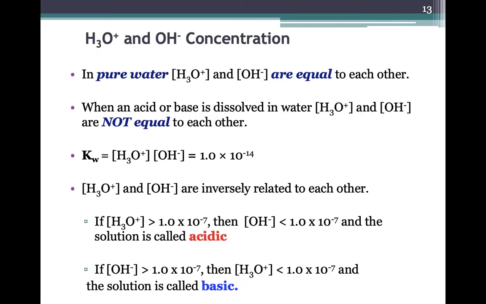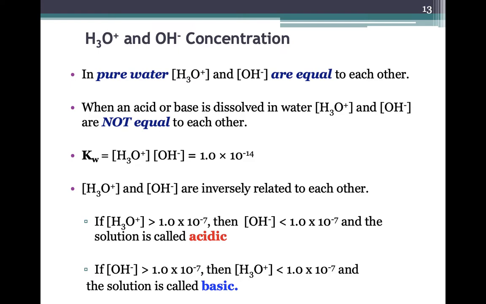When we have pure water, it dissociates, producing 1 hydronium ion and 1 hydroxide ion for each 2 molecules of water that dissociate. Since these are equal to each other, it means that it's neither acidic nor basic. The amount of hydrogen ions and hydroxide ions are equal to each other, and so it would be neutral.